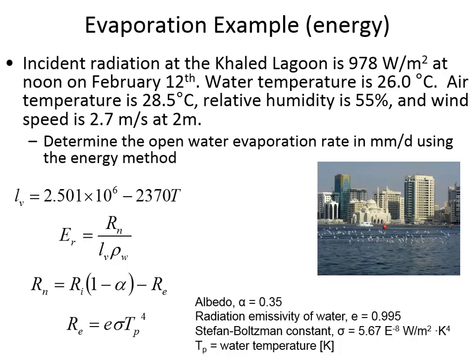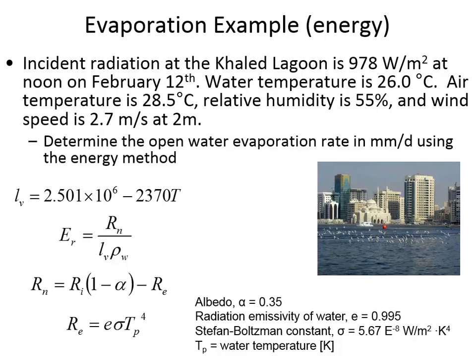And so to be a little bit more accurate in converting this instantaneous evaporation rate into a daily evaporation rate, what we'd probably want to do is multiply it, instead of by 86,400 seconds per day, by the number of seconds of daylight per day. That's not a measurement we have in this description, but this is the instantaneous evaporation rate in terms of millimeters per day at noon.